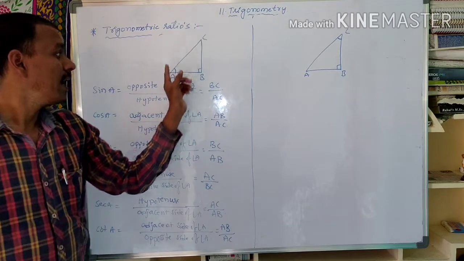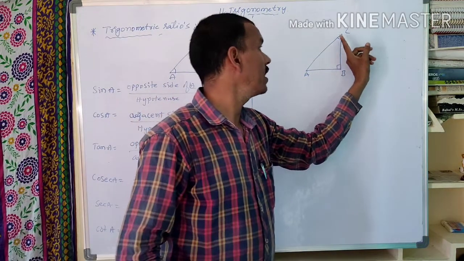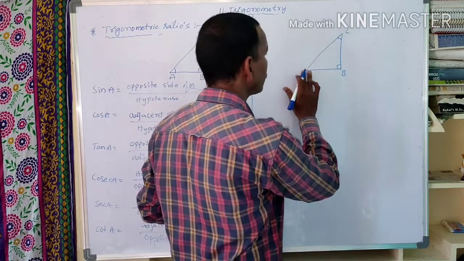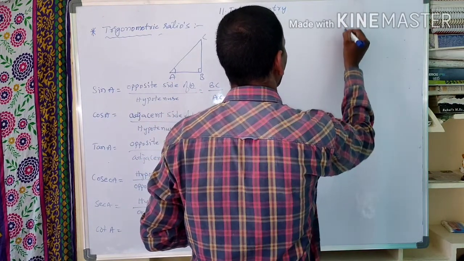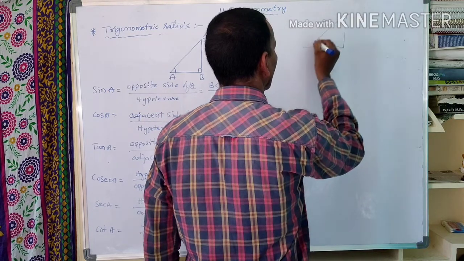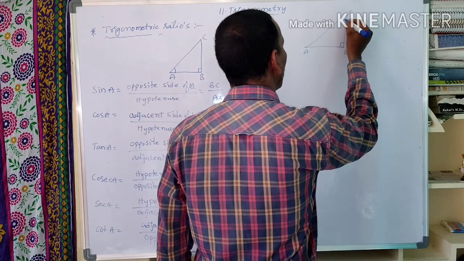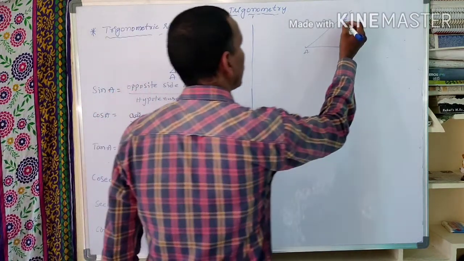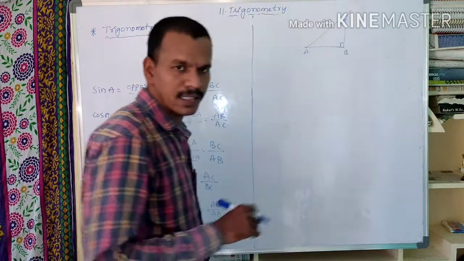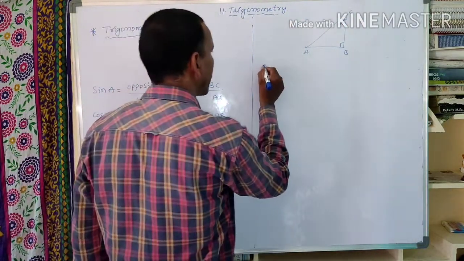Now, if the acute angle is given at C, how is it? In triangle ABC, the acute angle is given at C. So angle C is equal to theta degrees. Now what is sin C?